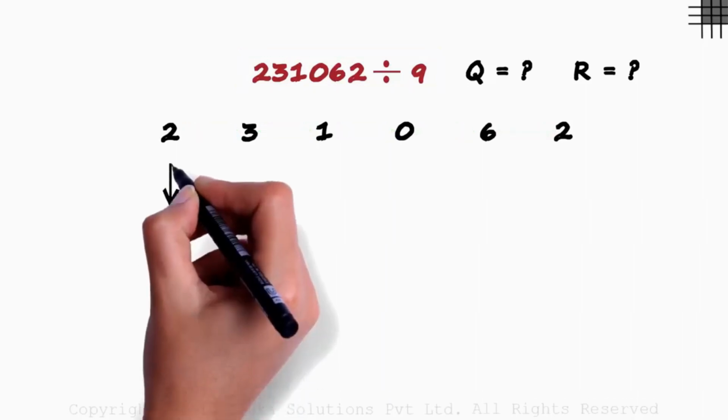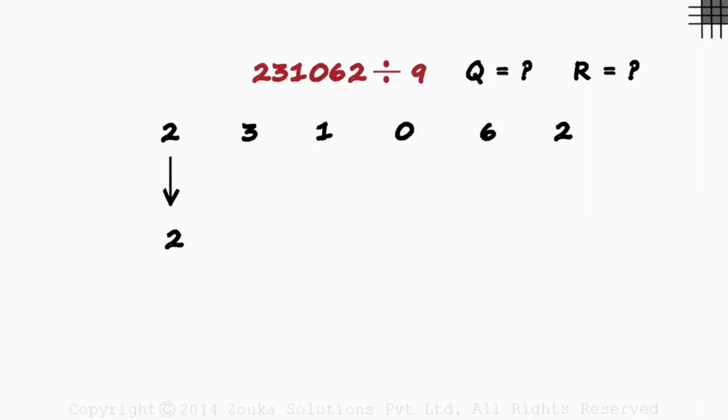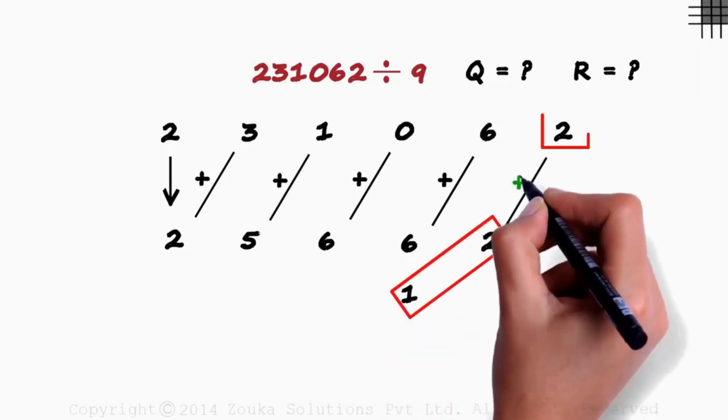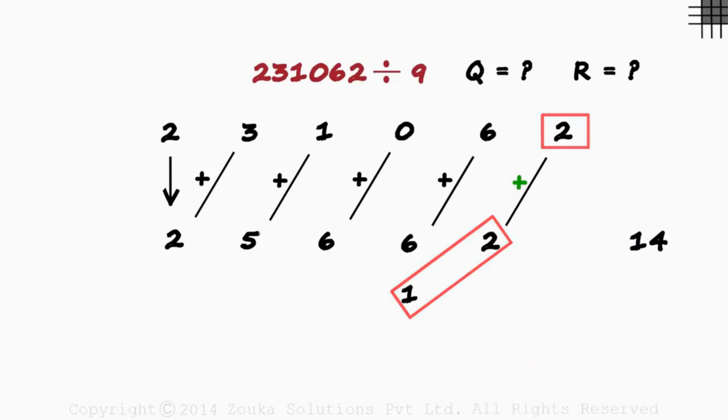Then we write the first digit down as is, after which we find the series of sums. 2 plus 3 is 5, 5 plus 1 is 6, 6 plus 0 is equal to 6, 6 plus 6 is equal to 12. Now we cannot write a two-digit number here. So we write a 12 like this, 1 under a 6 and 2 here. And 12 plus 2 is equal to 14.